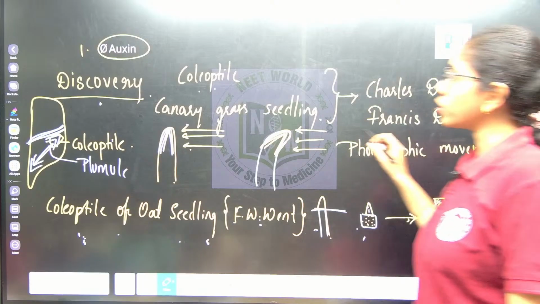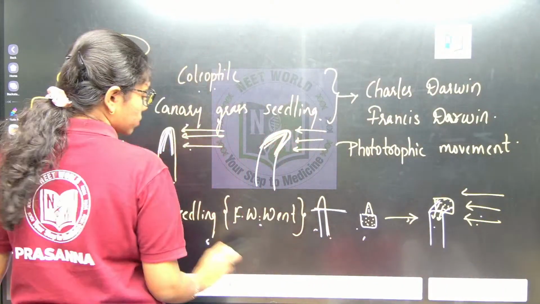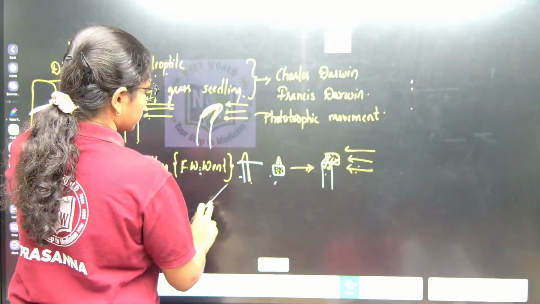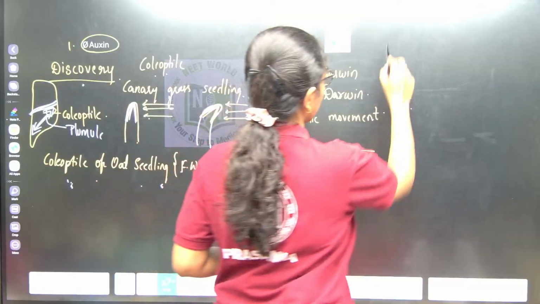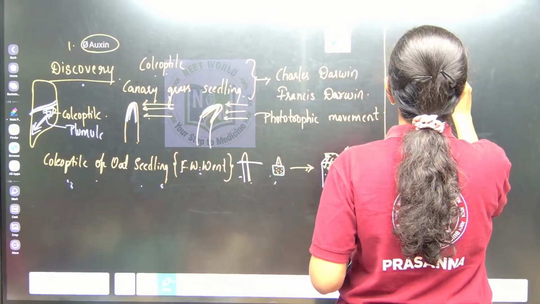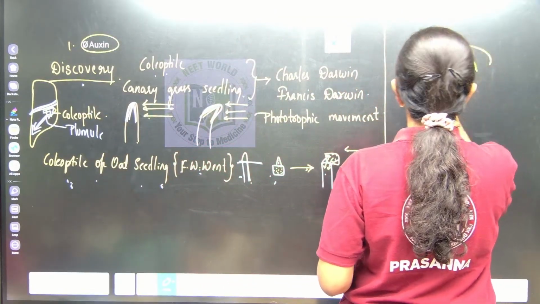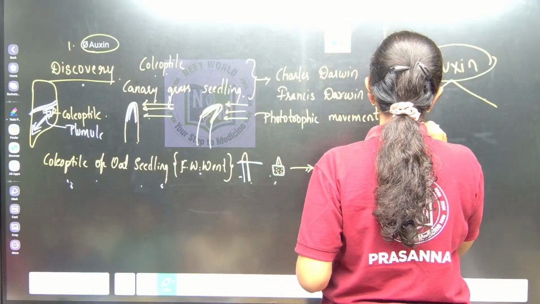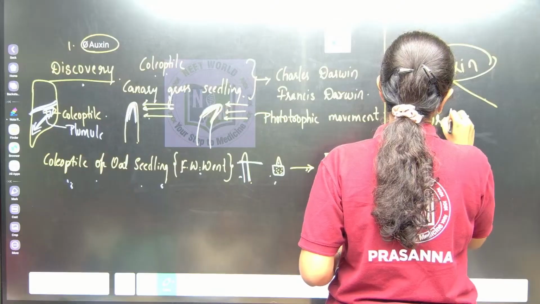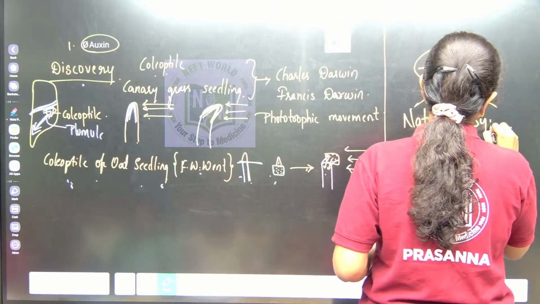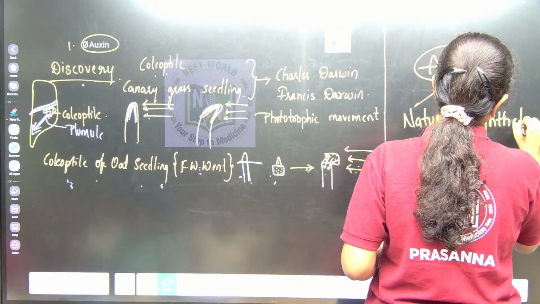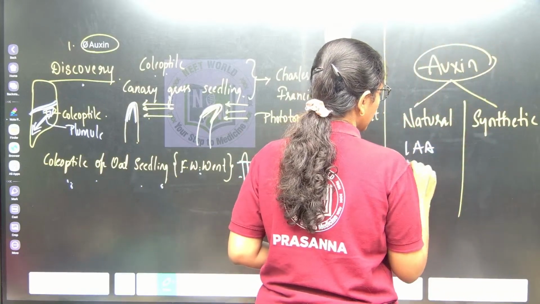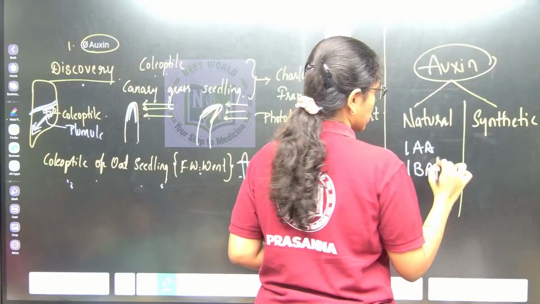Auxin classification also you listen. Auxin is classified into two types based on whether it is natural auxin or synthetic auxin. Natural auxins are indole acetic acid and indole butyric acid.